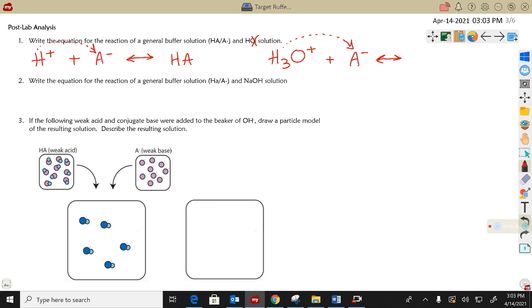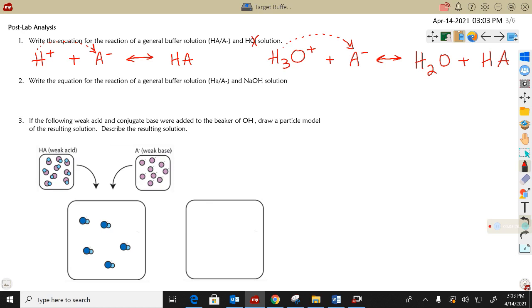So on the product side, technically, I'd be left with water, and then I would have some of the HA, some of the weak acid. Either way is totally fine. The key is that I've got the strong acid reacting with the negative conjugate base from my buffer. On the product side, I'm going to form a little bit of weak acid, but that's not going to have a huge impact on the initial pH because most of the weak acid does not ionize anyway.